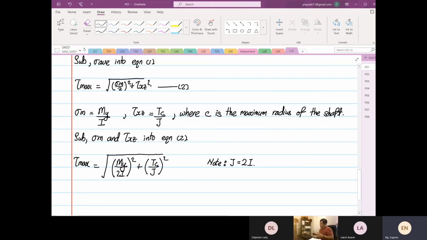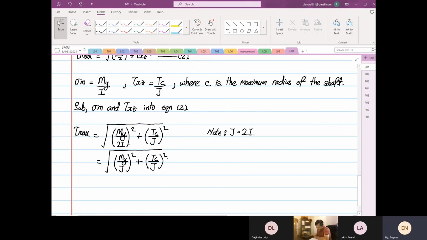If you look at any formula, it is very obvious that the polar moment of area is twice the second moment of area. That conveniently helps us: we can just put a single J, so My over J squared plus Tc over J squared.